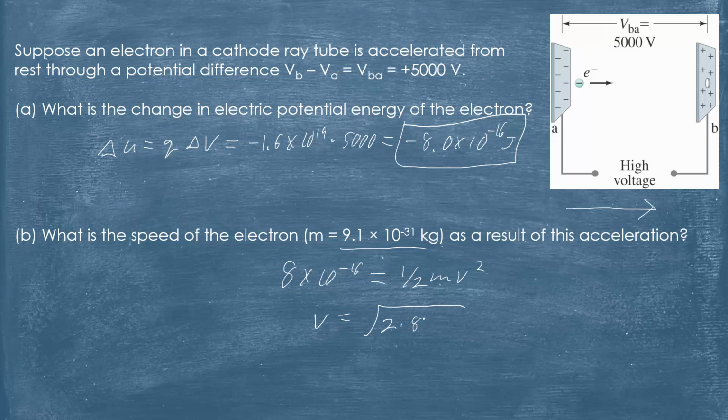So v is going to be the square root of 2 times 8 times 10 to the negative 16th over the mass of this guy, 9.1 times 10 to the negative 31st kilograms, and we get a nice quick speed of 4.2 times 10 to the 7th meters per second. So not a lot of energy to go quite quickly.